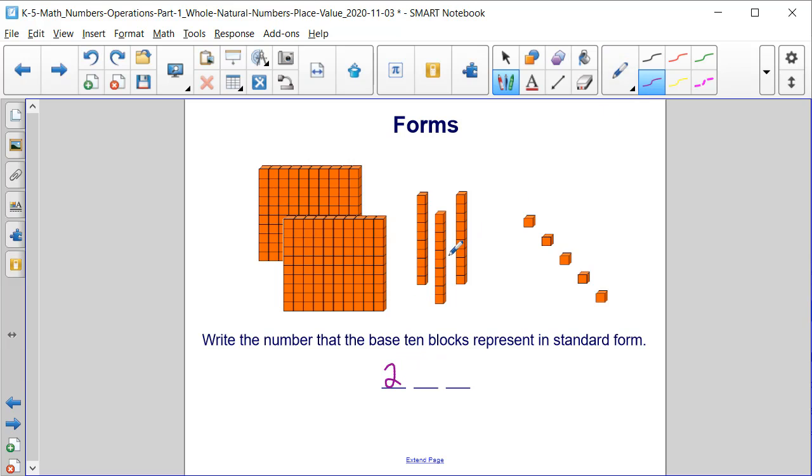We have 3 tens, which represent 30. So let's put a 3 in the tens column. And then we have 1, 2, 3, 4, 5 single blocks, which represent the ones column. So we have 235 base 10 blocks.